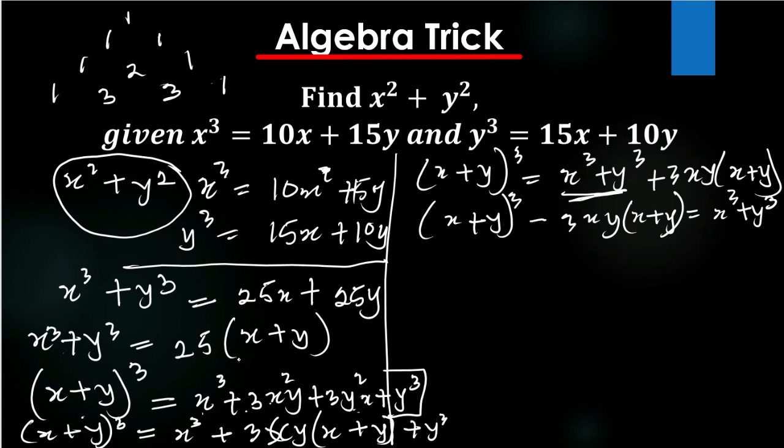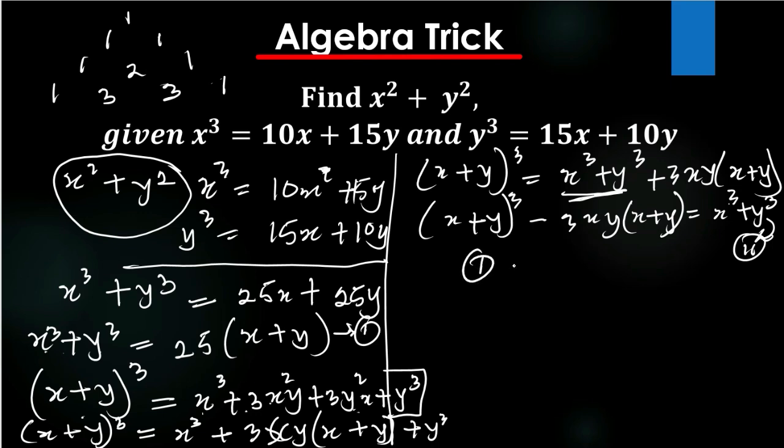Now, I want you to remember that from our question, we can refer to this as our equation 1. Then I'll refer to this as my equation 2. Because from this expression, I have a definition for x raised to power 3 plus y raised to power 3. Here I also have a definition for x raised to power 3 plus y raised to power 3.